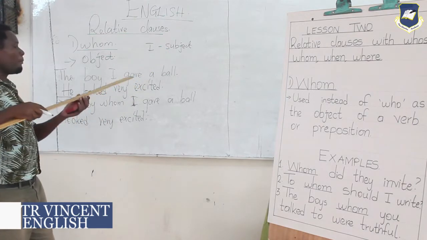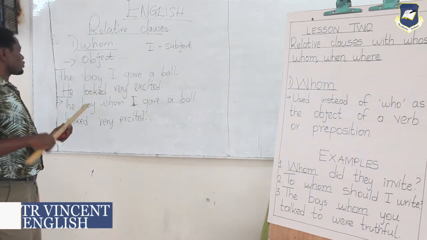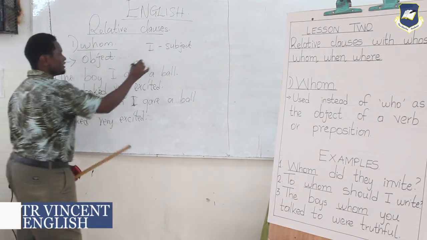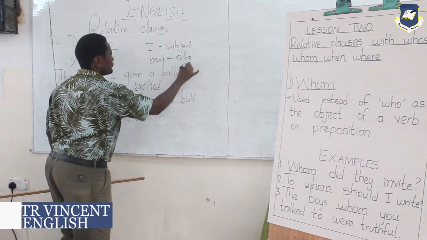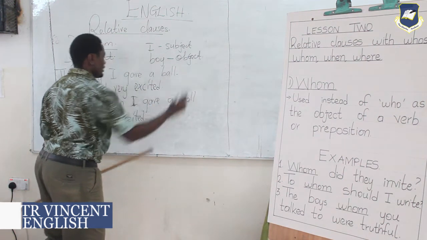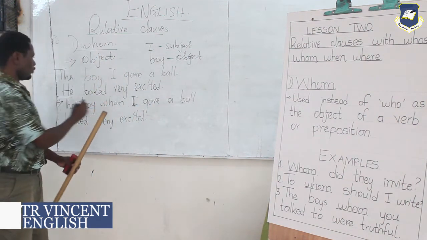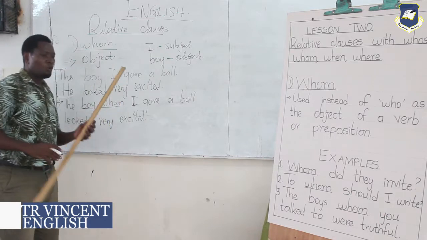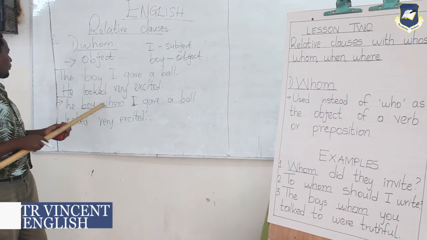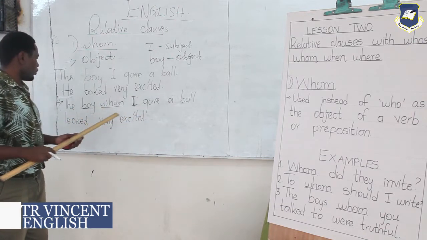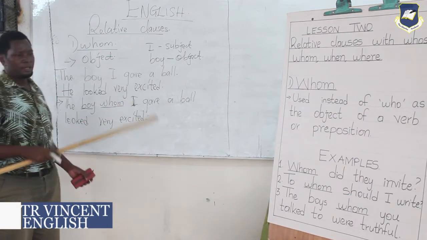And then the ball was being given to who? To the boy. So in this case, boy is the object. The boy is the object. And in this case, therefore, we are not going to use who, but the correct relative clause is going to be whom. So we say, the boy whom I gave a ball looked very excited.